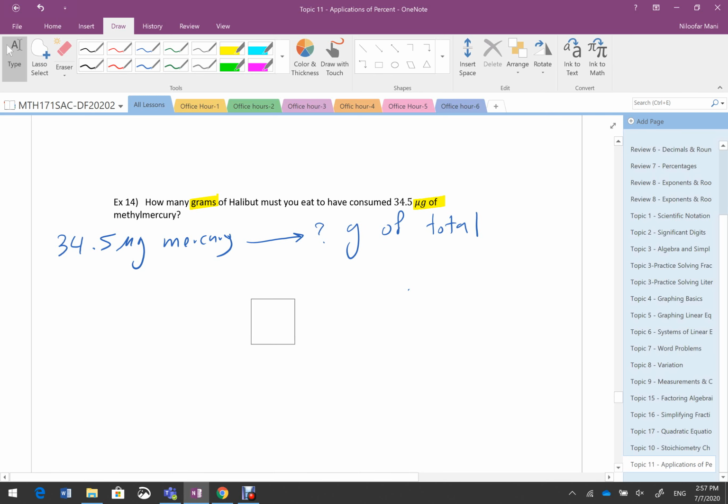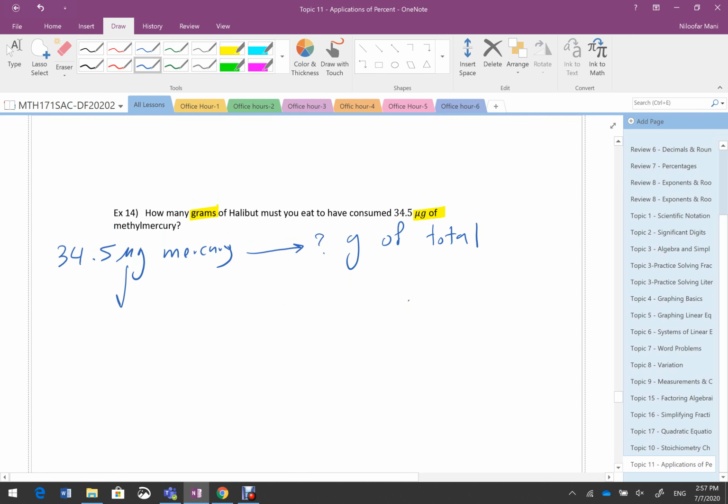Okay, so from here I go to grams of mercury, because one of them is micrograms and one is grams. From grams of mercury I go to grams of total.